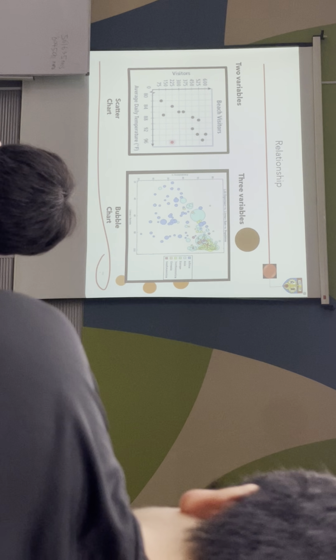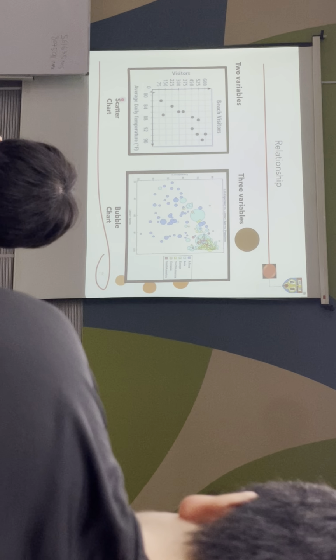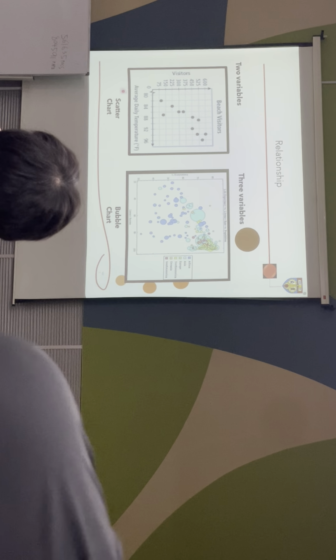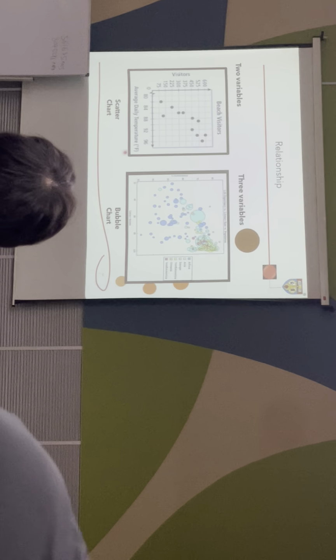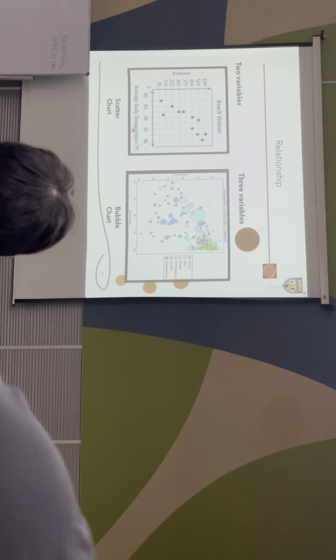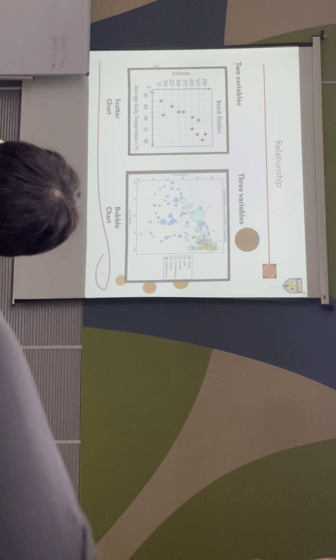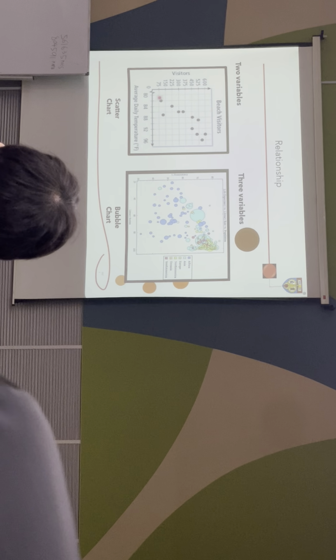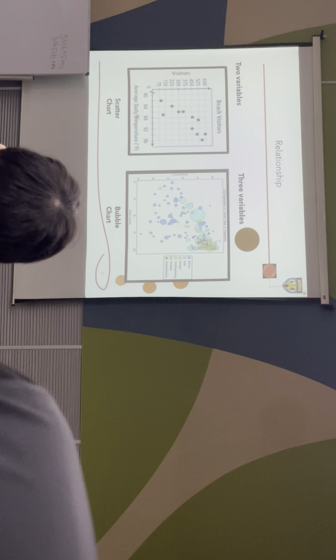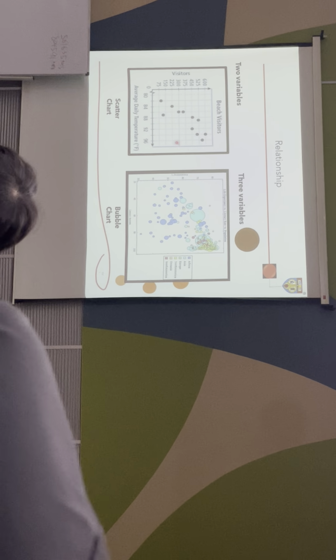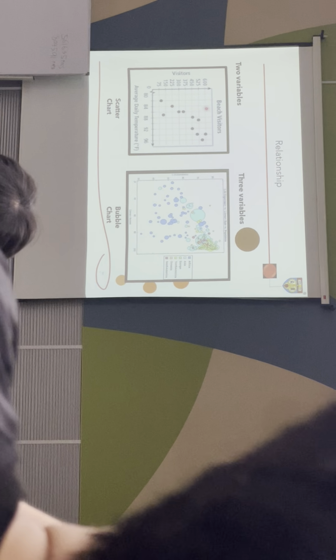So for example, this is the relationship between average daily temperature measured in Fahrenheit versus visitors. If you look here, we have data points, each represented by a marker on this chart.